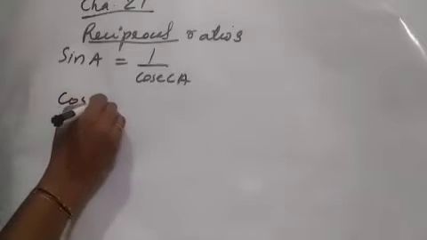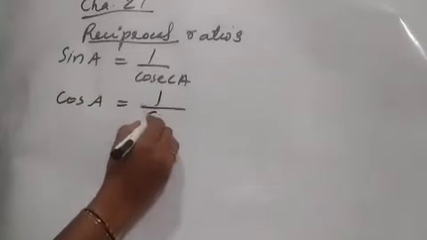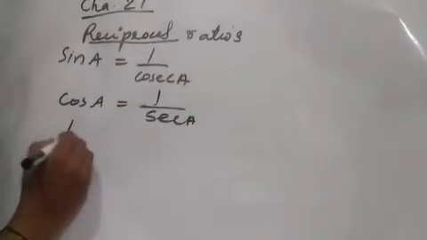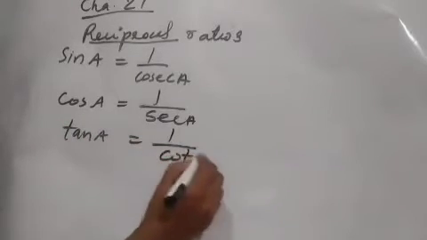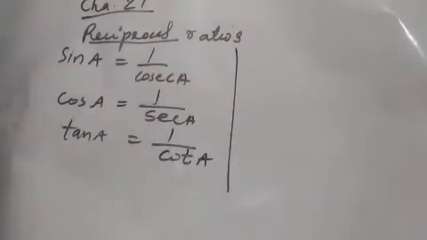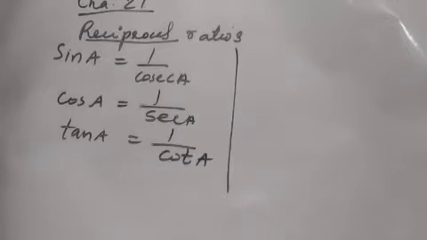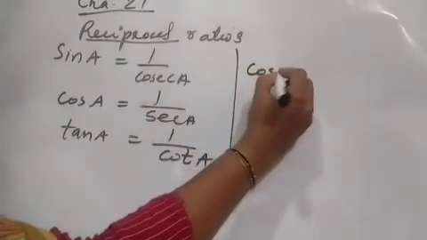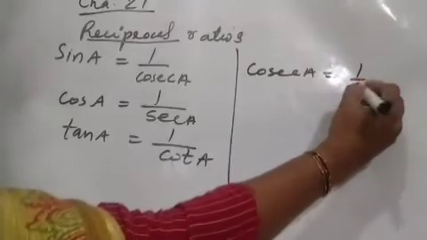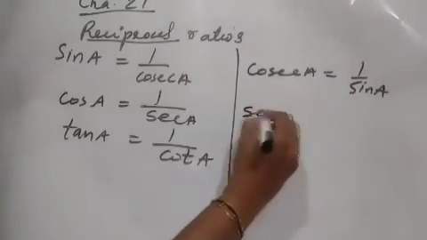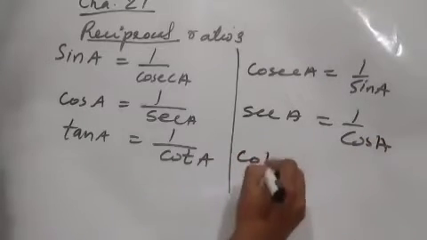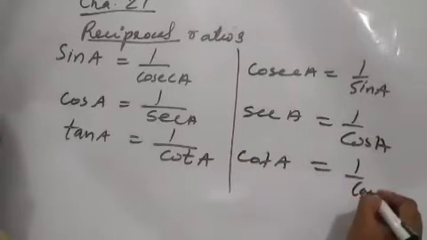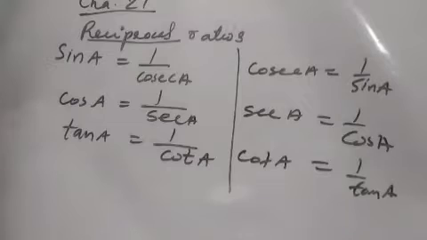Cos A is the reciprocal of sec A. Tan A is the reciprocal of cot A. And similarly you can write cosec A is the reciprocal of sine A. Sec A is the reciprocal of cos A. Cot A is the reciprocal of tan A. These are the reciprocal ratios.